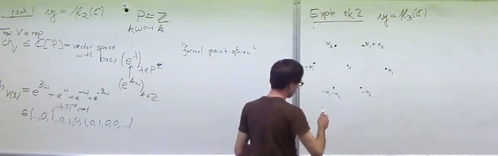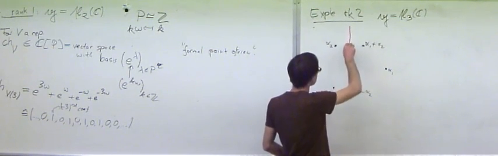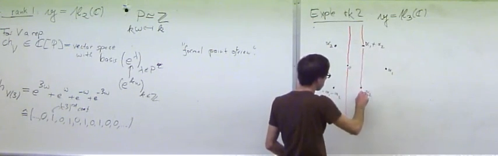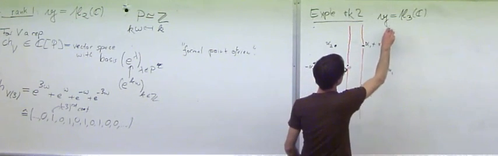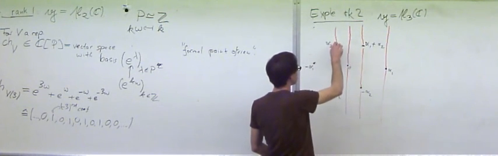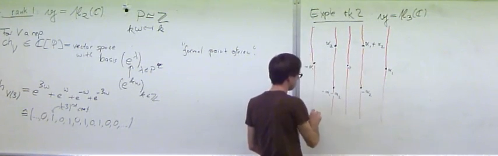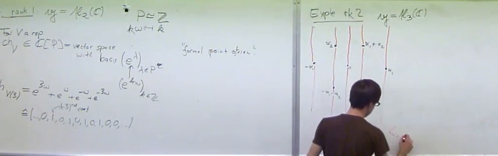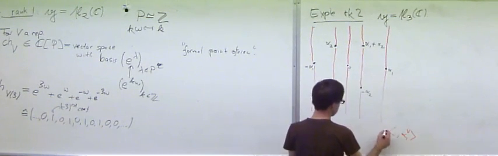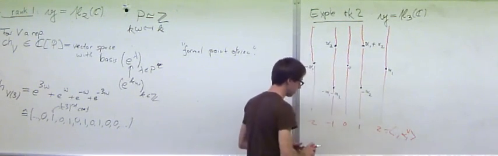And then we also know these level hyperplanes. These should be equidistant. So this gives the pairing with alpha 1 check: 0, 1, 2, minus 1, minus 2.